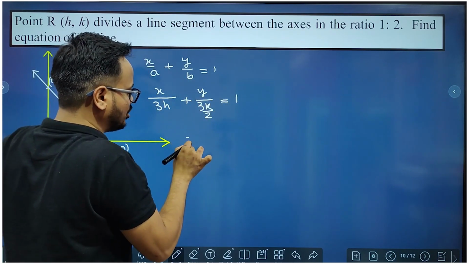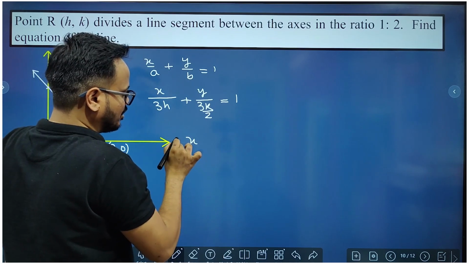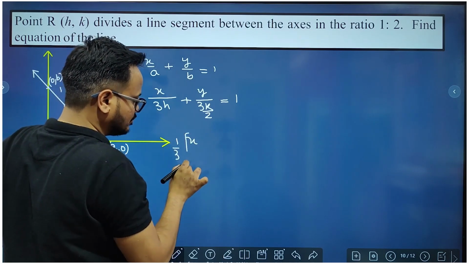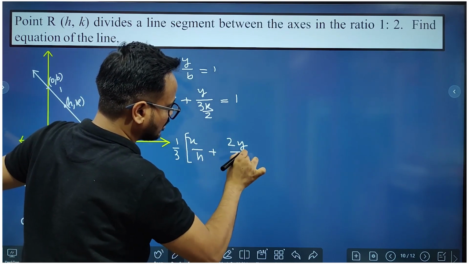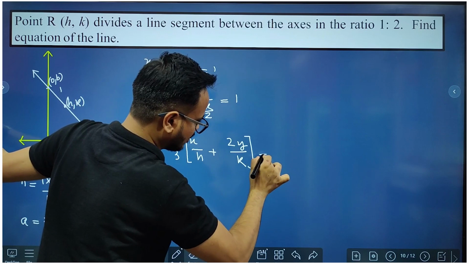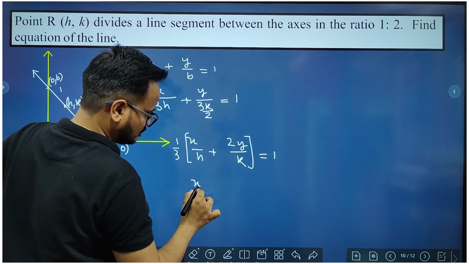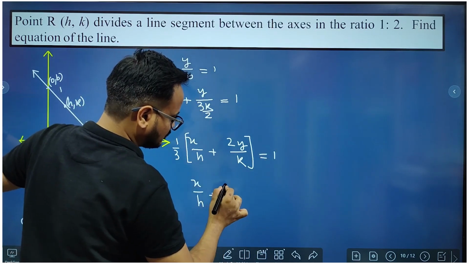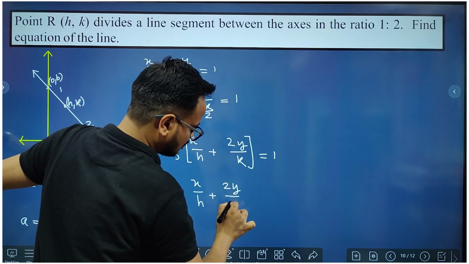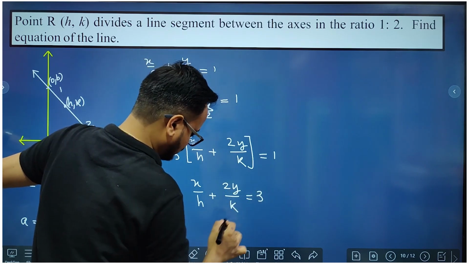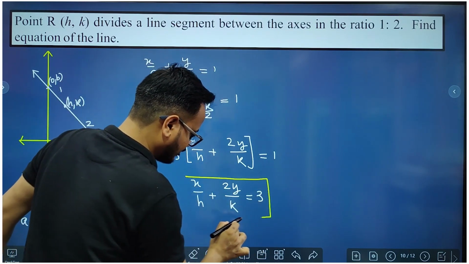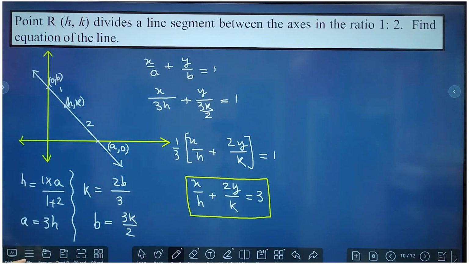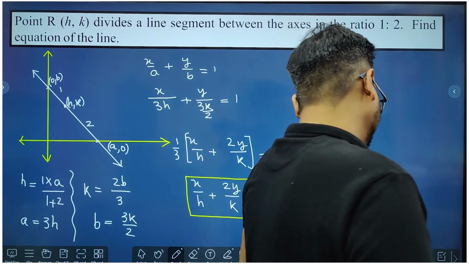Now this 2 will go into the numerator, and let's take 3 common. So this is the equation of the line.